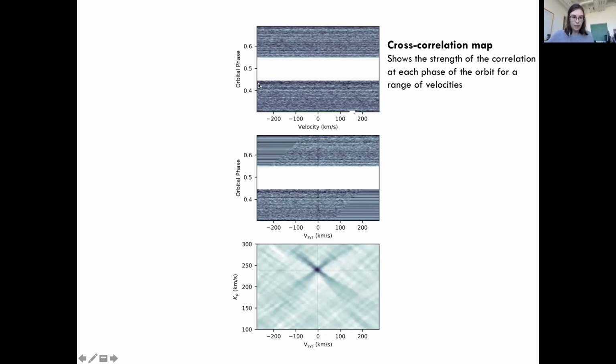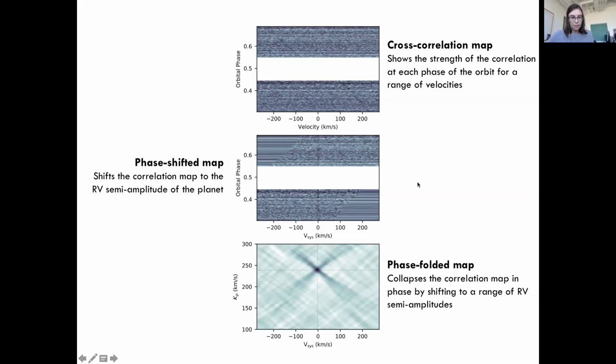In the middle panel is the phase shifted map, where we've shifted each row of this cross-correlation map so that the signal lines up nicely. And in the bottom panel is the phase folded map, which basically means we collapse the above map. In that way, we can figure out the planet's RV semi-amplitude and the systemic velocity.